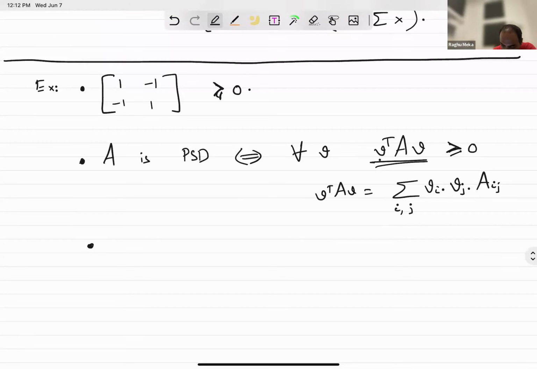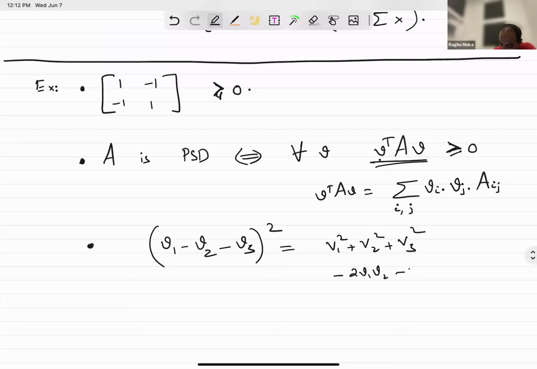We can take the quadratic form V1 minus V2 minus V3 whole squared. If I look at this function, this is V1 squared plus V2 squared plus V3 squared, minus 2V1V2 minus 2V1V3 plus 2V2V3. And this by definition is always non-negative.